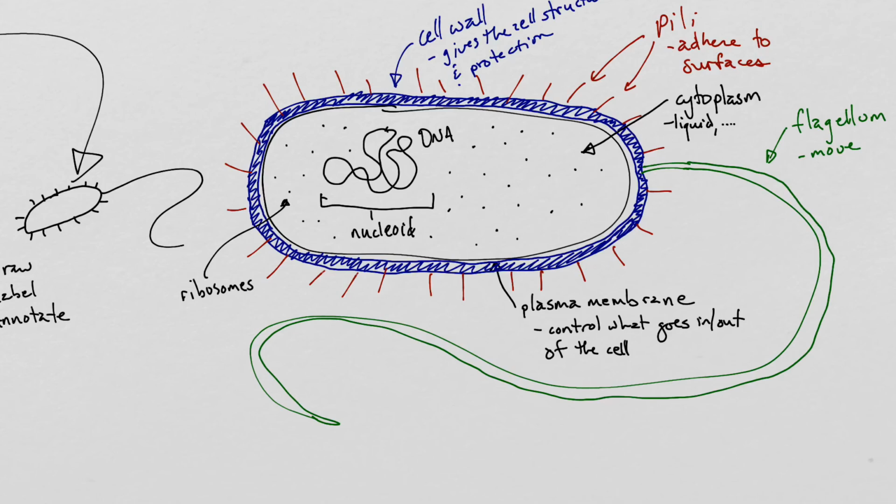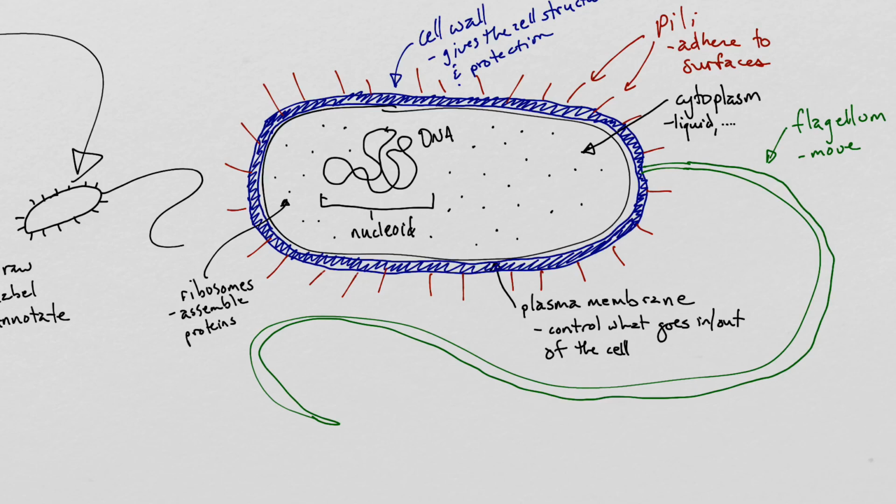Each of these dots is a ribosome, and they're just a little set of RNA, but their purpose is to assemble or put together proteins. We talked about proteins already. They do all of the work inside of the cell. So these ribosomes are just floating all over the cell, constantly building the proteins that this prokaryote, this E. coli, needs to survive.